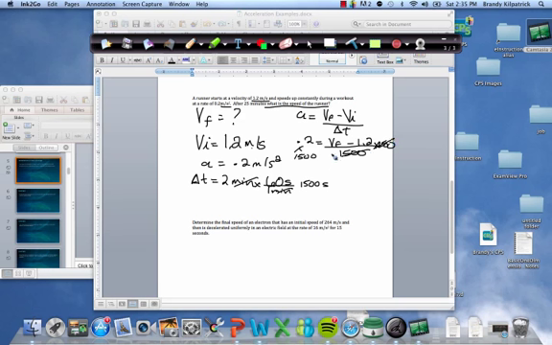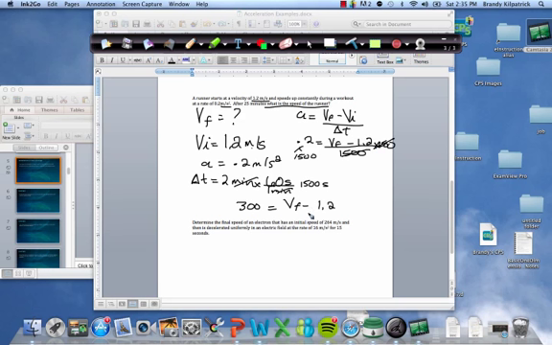That will cancel it out. I was dividing by 1,500 here, so I had to multiply to get rid of it. You always do the opposite of whatever is being done. So 0.2 times 1,500 will give me 300. I'm just moving it to the bottom here. That is equal to Vf minus 1.2.